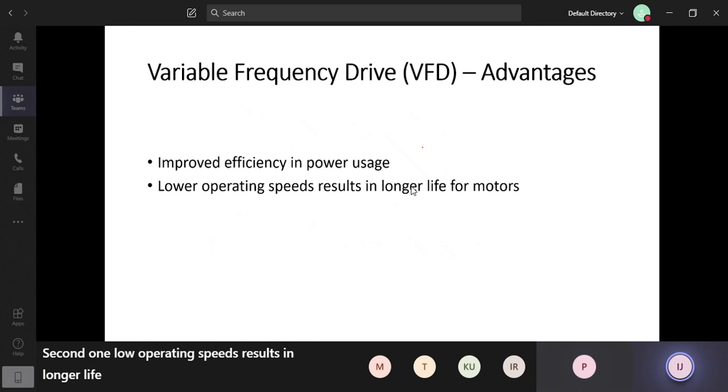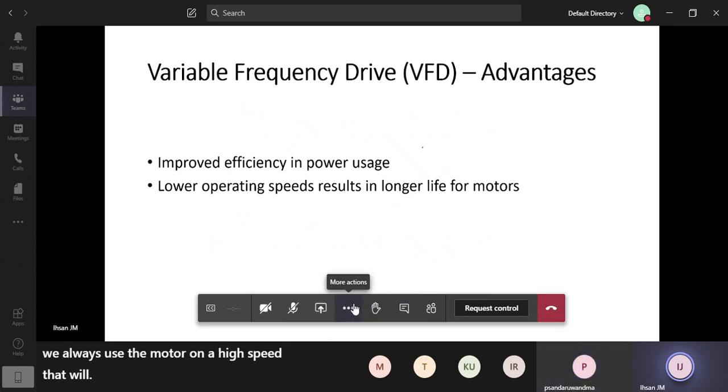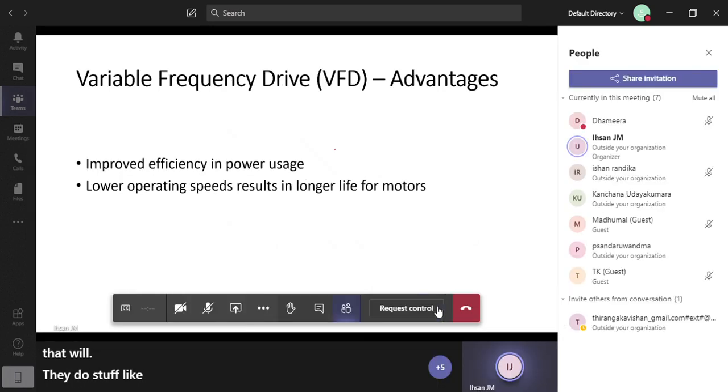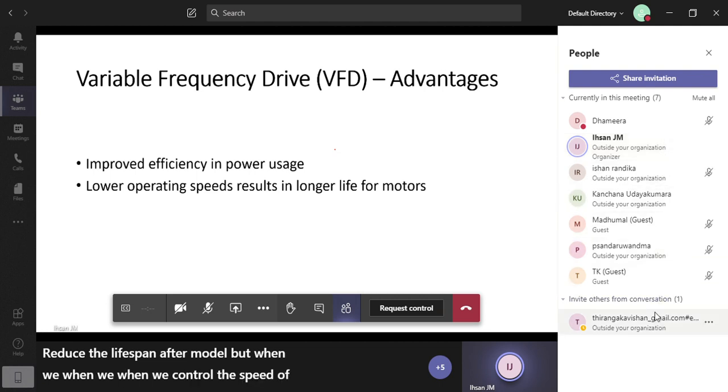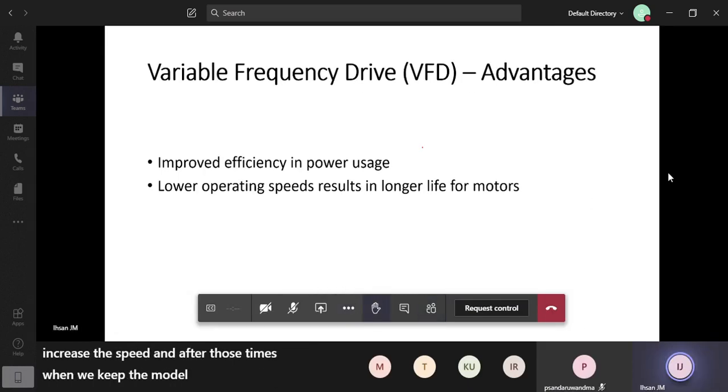When we always use the motor at high speed, that will reduce the lifespan of the motor. But when we control the speed, increasing it only when needed and keeping the motor at low speeds otherwise, it will increase the lifespan.